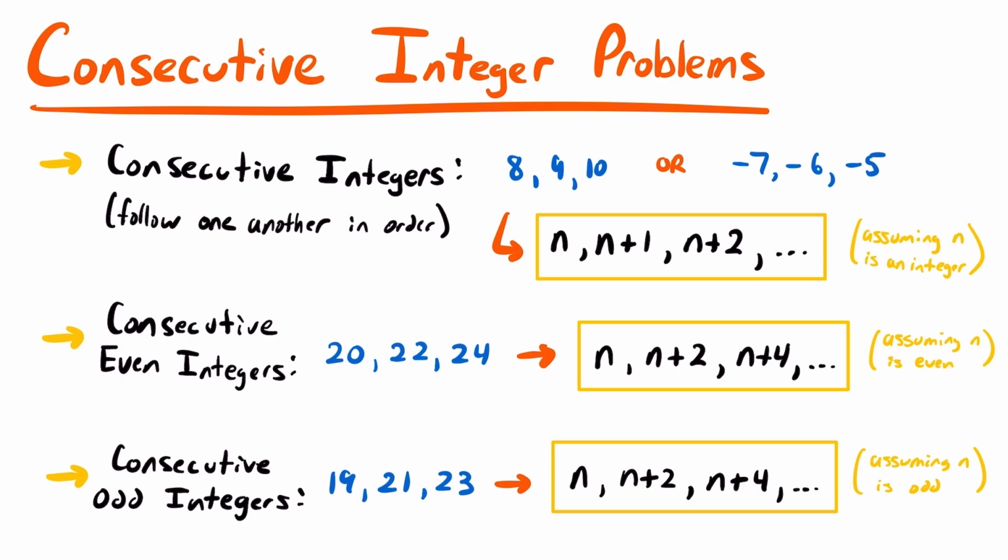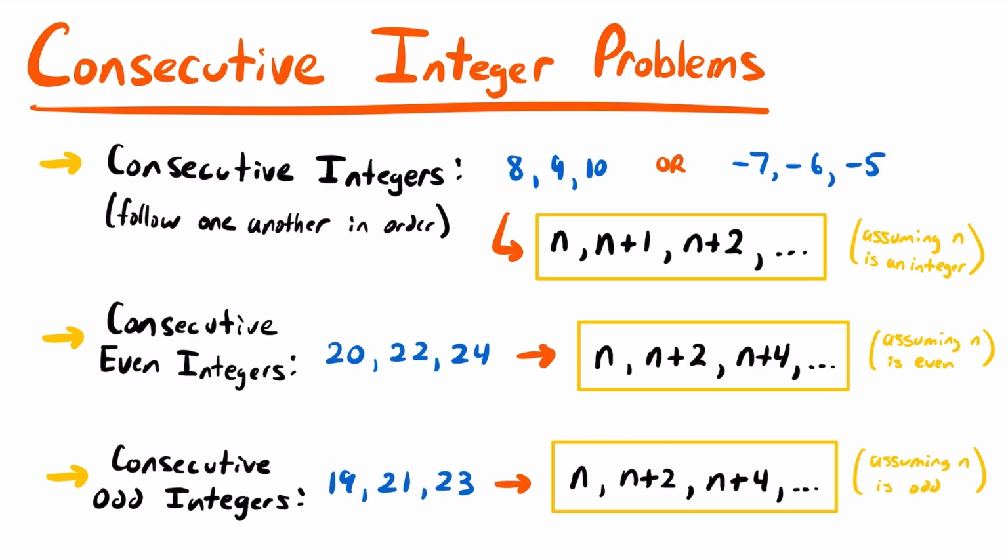So for example, 19, 21, 23. We're skipping over 20, we're skipping over 22, we would skip over 24 and go to 25, and so on. You're just looking at the set of odd numbers where they are written in order, okay? You just skip over those even numbers. And what I meant by that assumption being important for consecutive even integers, that n had to be even itself, is because you would represent consecutive odd integers the same exact way.